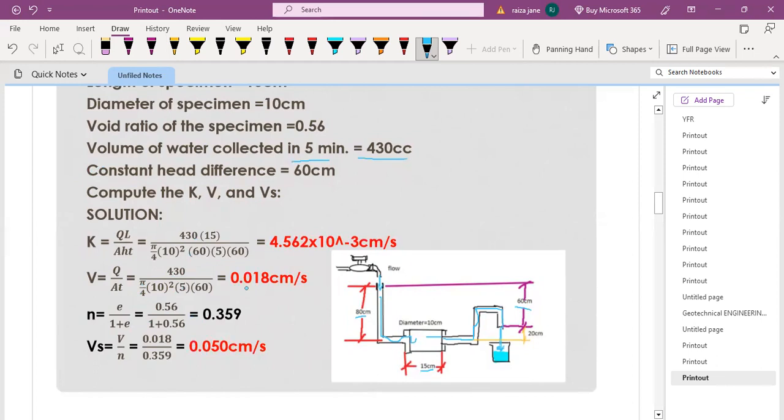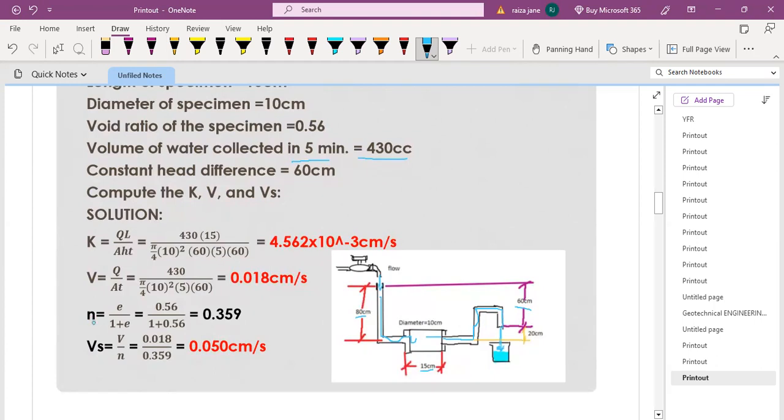So, let me check. Double check first. So, we have 430 and pi 4 10 squared, then 5 times 60. Ayun, tama. So, our porosity in here, kasi hindi natin makukuha yung seepage of velocity kapag hindi pa natin nasa-solve tong n.